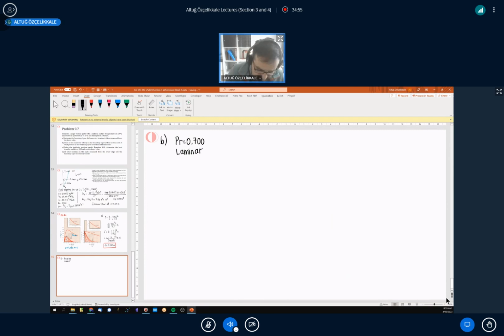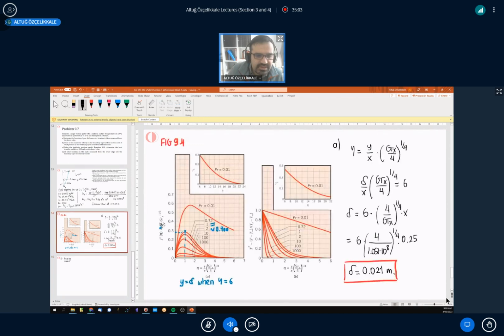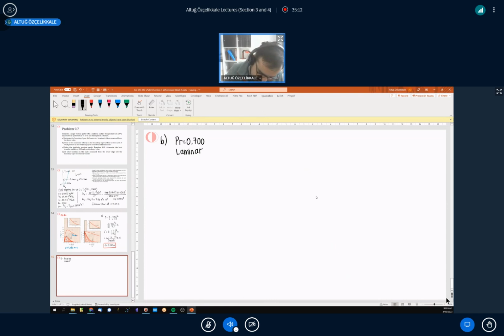The location doesn't matter here, because it is a function of x right over here. This is actually a collapse of all different values of x into a single curve. So this is enough. We are going to read from the chart u equal to u max at eta approximately equal to 1.